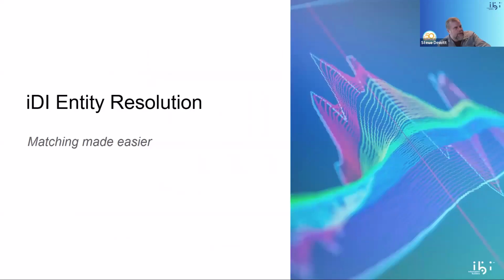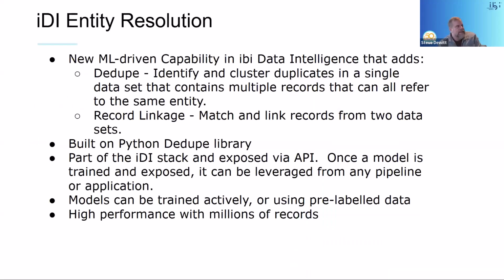But now we'll jump into the other important bit in data intelligence, entity resolution. That is, essentially, how do we dedupe the data in a fuzzy, statistically driven way where we can say that two records actually refer to the same thing, even though the records aren't identical in every way. So what we've done is replaced DQS with an ML-driven capacity based on the Python dedupe library.